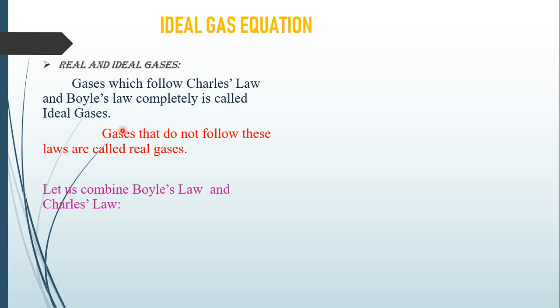So let us come to a common ground and combine Charles law and Boyle's law and see what we find. From Boyle's law, V is inversely proportional to pressure, and from Charles' law, V is directly proportional to T. I'm not going into the exact mathematical formulation of Charles' law, just a qualitative discussion.